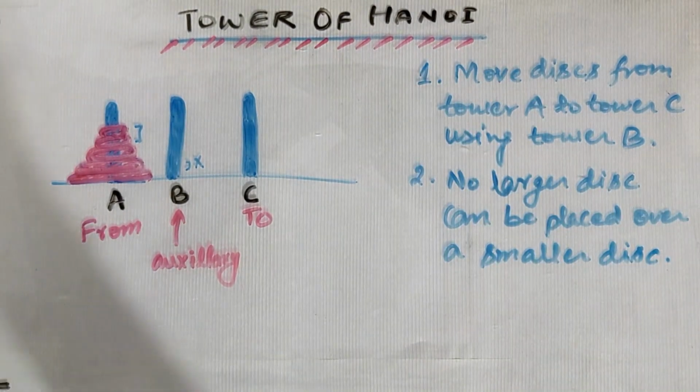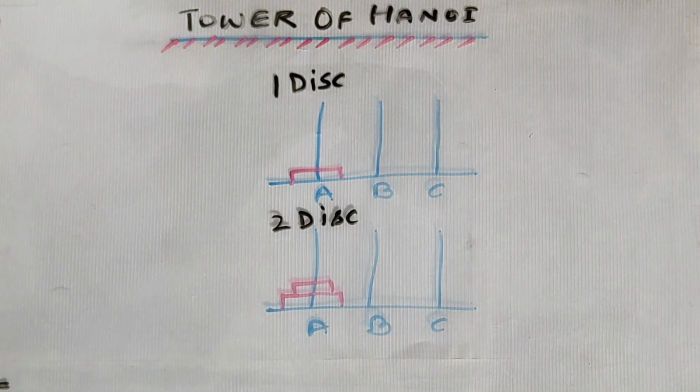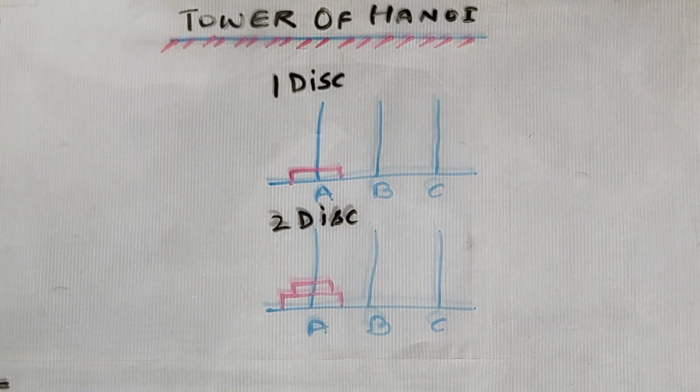So these are the conditions. Now let us see how we will move one disk, two disks and three disks from tower A to tower C.